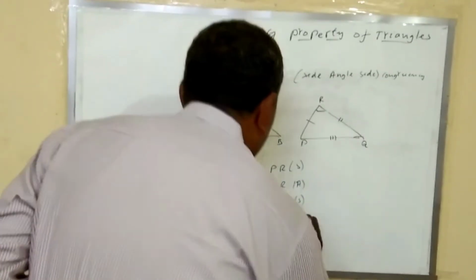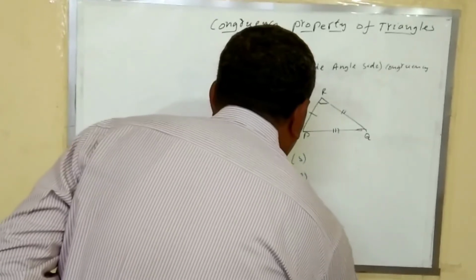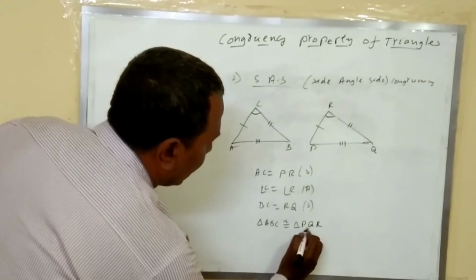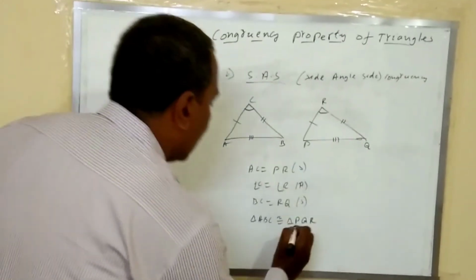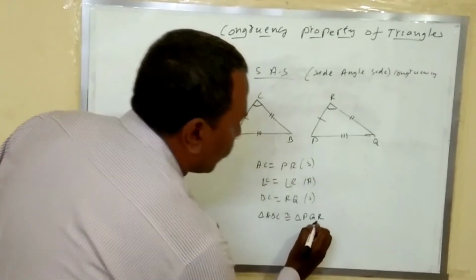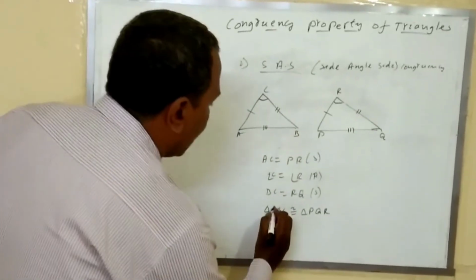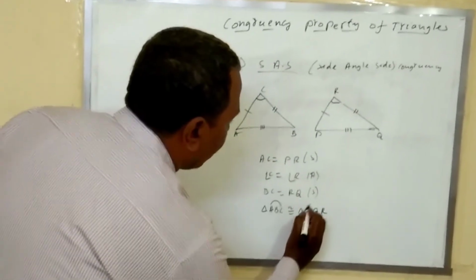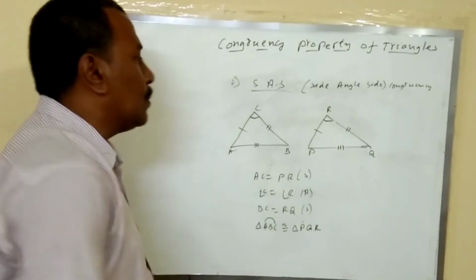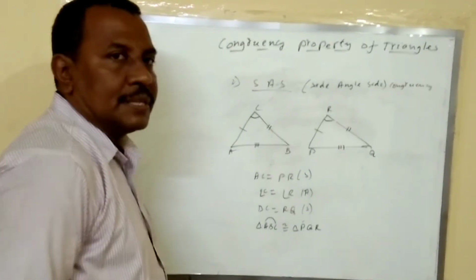So ABC, PQR: AB is equal to PQ, and in place of BC, I should write QR or RQ, and in place of AC, PR. So these two triangles are congruent according to SAS congruency.